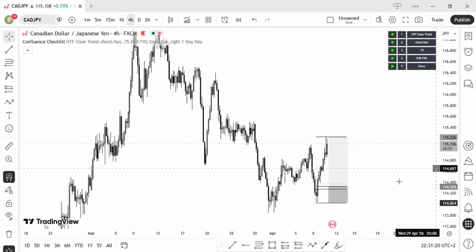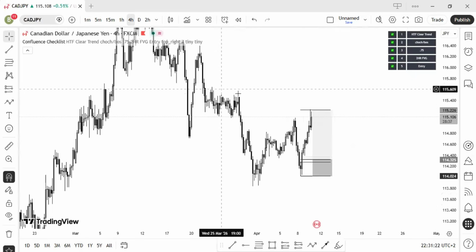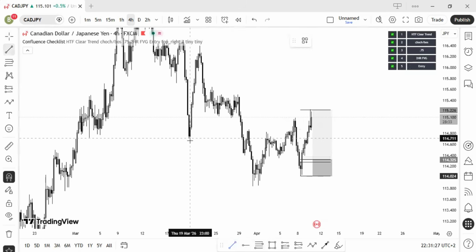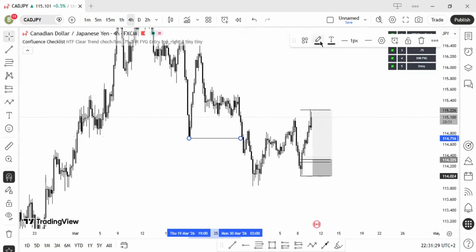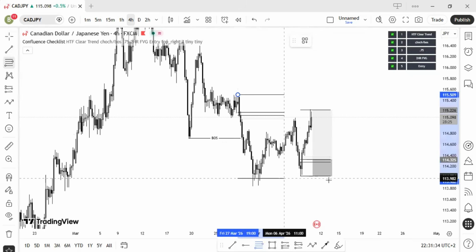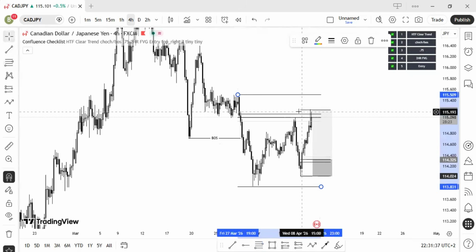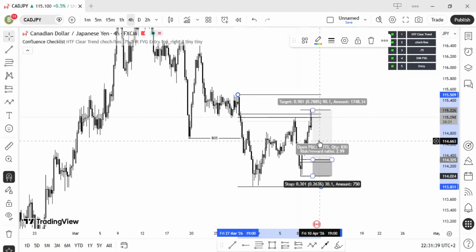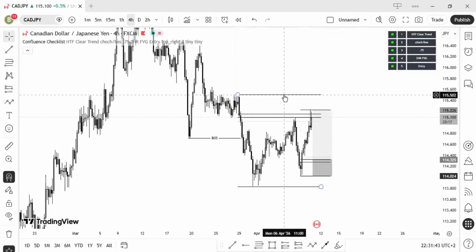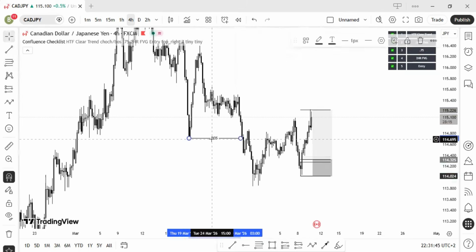But what I am looking at is that we have liquidity here. That's the reason why, even though we have a break of structure here, I saw a lot of people took this and got an entry here. But the reason why I didn't take this is because of the liquidity above here. I don't trust setups like this.